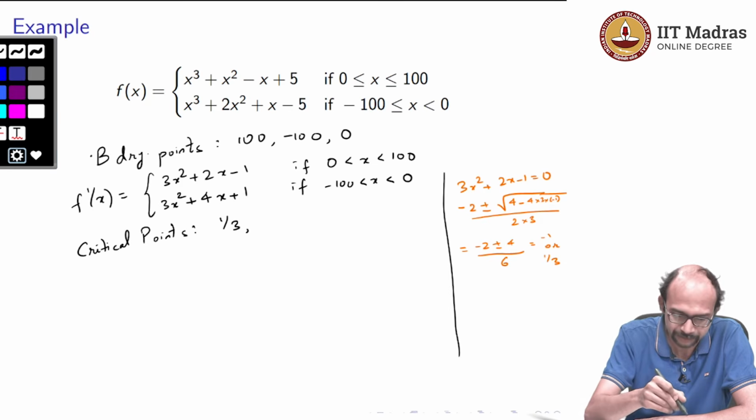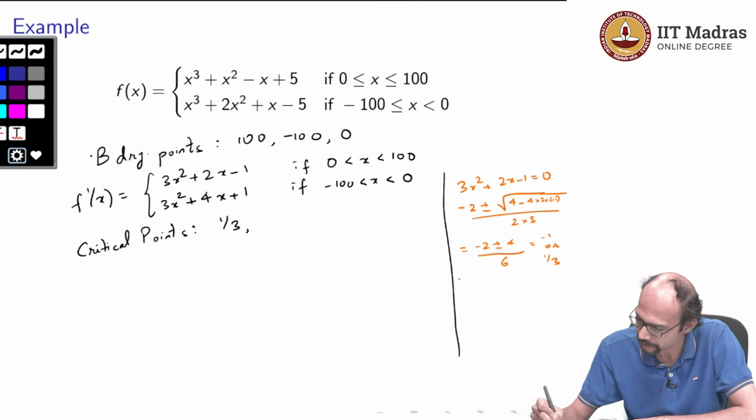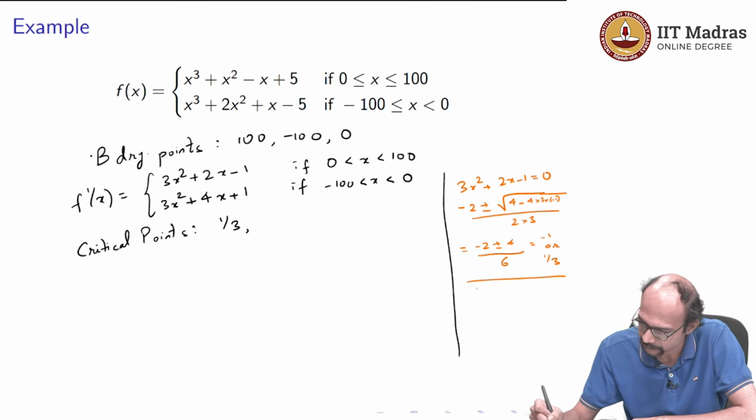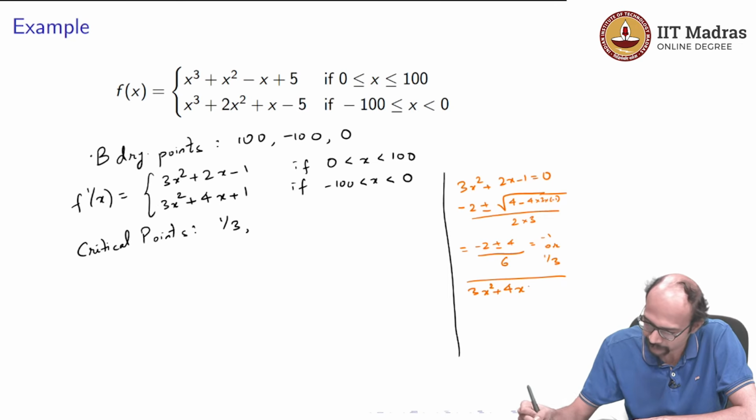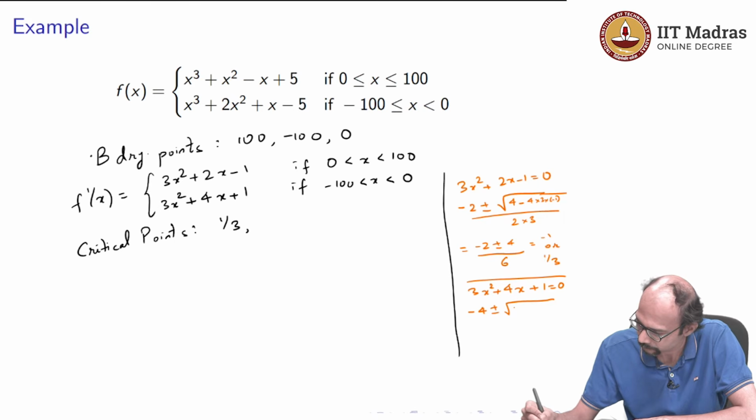For the second part, let us do a similar computation and see what that yields. There I have to find the roots of 3x squared plus 4x plus 1. That is minus 4 plus minus root of 16 minus 4 times 3 times 1, divided by 2 times 3. The computation is similar.